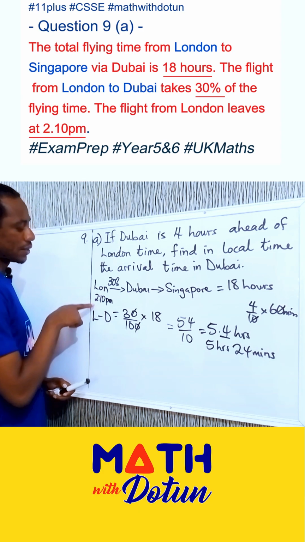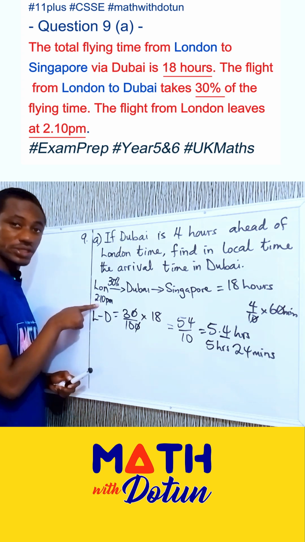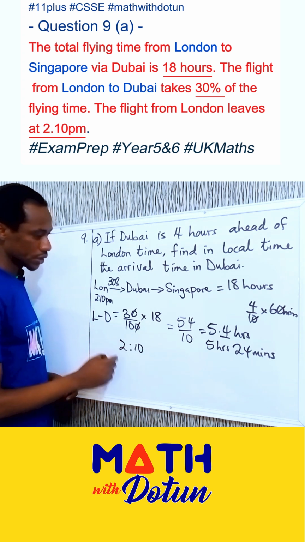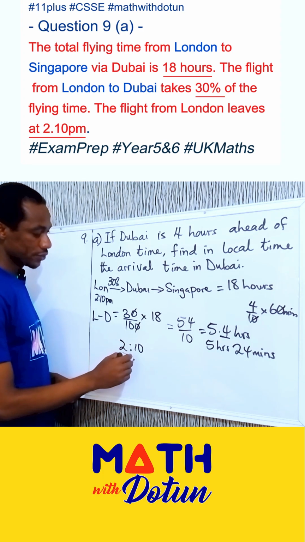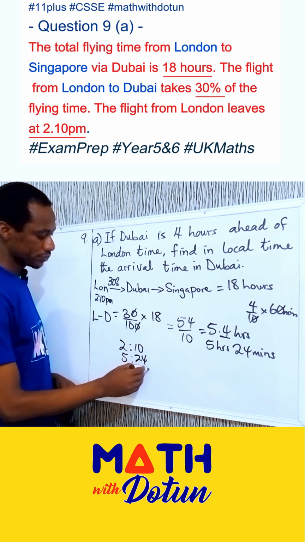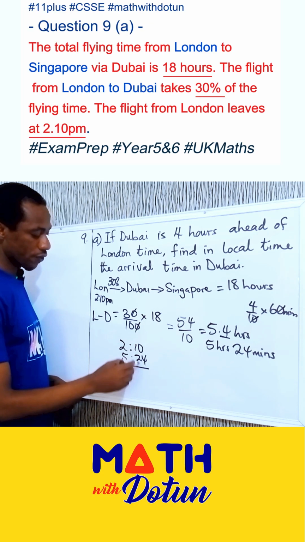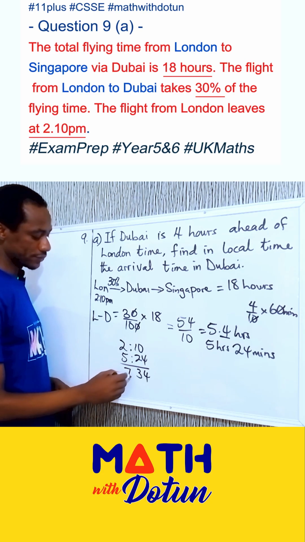And the flight leaves at 2:10 p.m., so we're going to add that. You have 2:10 plus 5:24. Let's add that. 4, 1 plus 2 is 3, and then 7.